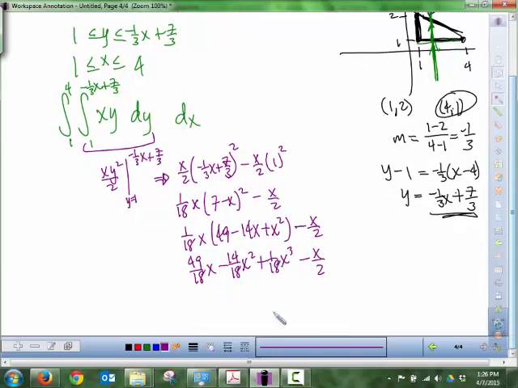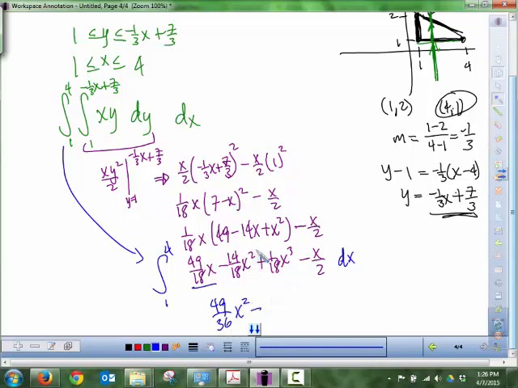All right. So that's the inside integral. And we'll bring the outer integral down from 1 to 4 with respect to x. So these are just simpler integrals with respect to x. The integral of the first one is x squared over 2, so I'll double the 18 down here: 36. So 49 over 36 x squared. Next one is x cubed over 3.